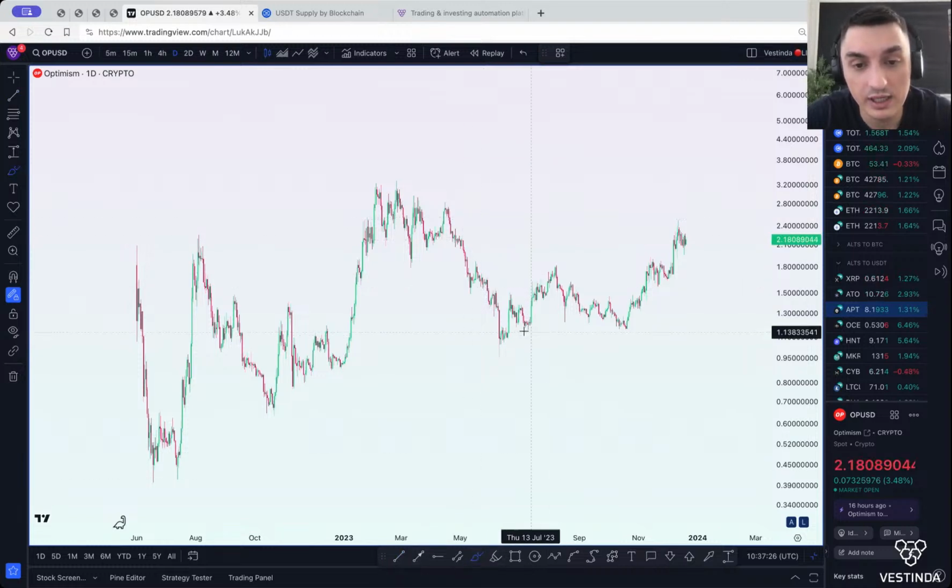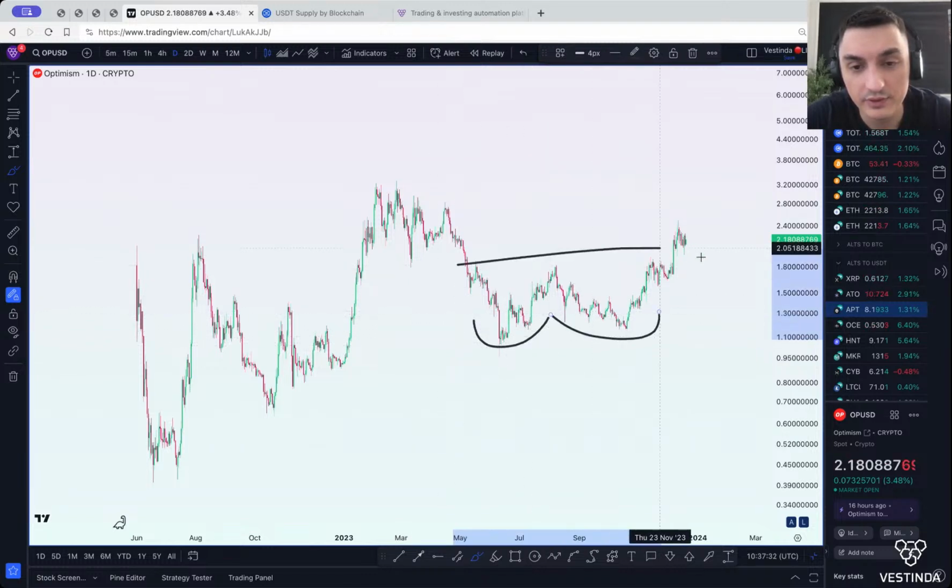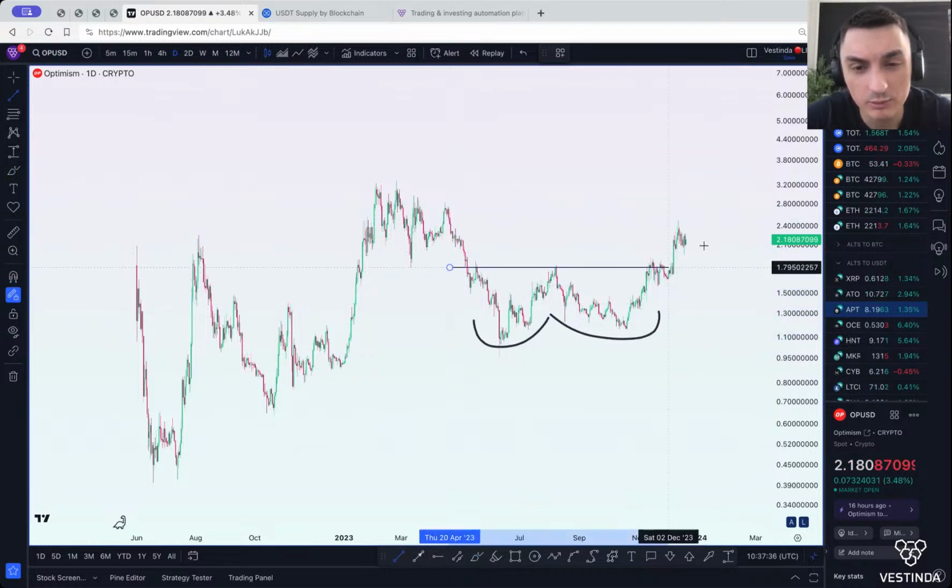I'm noticing that we are in some kind of double bottom pattern here. What you can expect from double bottom patterns is that they have a move which is the same height as the formation.